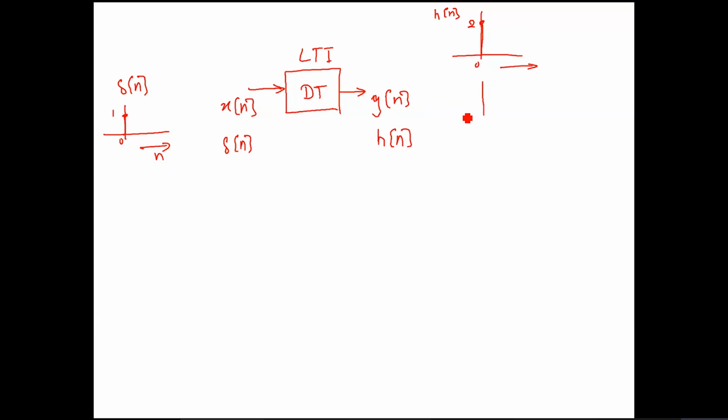Interestingly, we may also come up with a system where we give a single impulse and get a whole series of impulses, so 1, 2, and 3. So we end up getting more than one impulse out. So this may be your h of n.